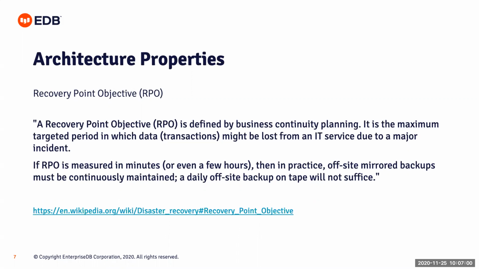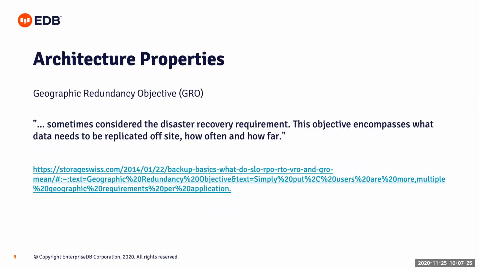All of these properties are in themselves targets, so they inform your choices on architecture. So if you cannot accept, for instance, a few hours of data loss, then you need to build an architecture that insulates you from that data loss. The next one is geographic redundancy objective.